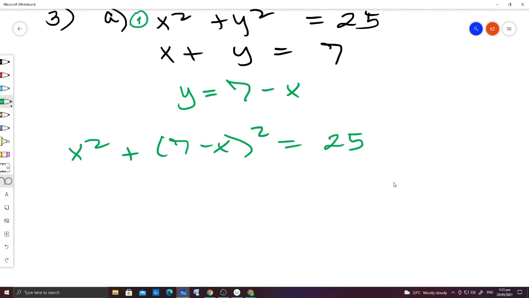Okay, so maybe I'm going to answer it. We still have 2 minutes. So x squared plus... Most students make a mistake with this. They think that it's equal to 49 minus x squared, which is wrong. Okay, that's not correct.